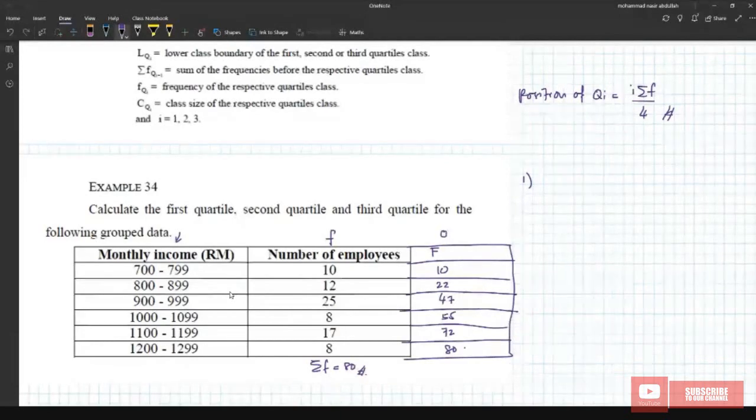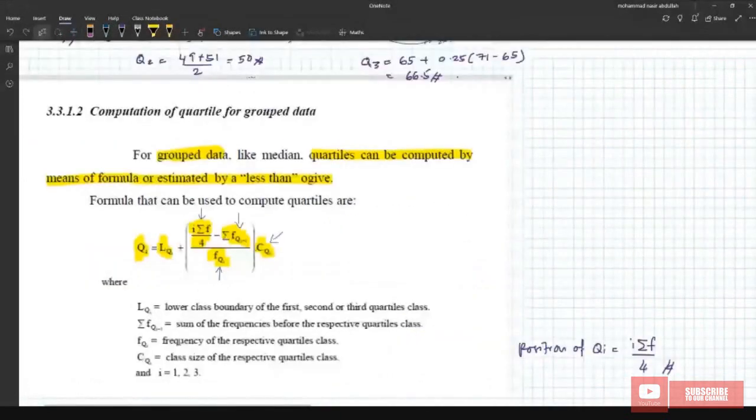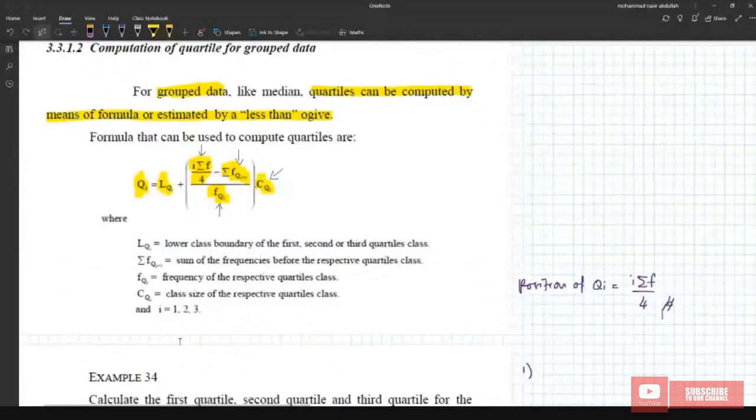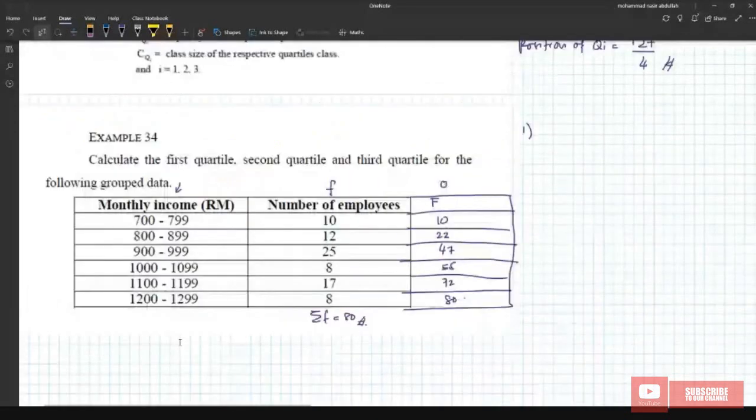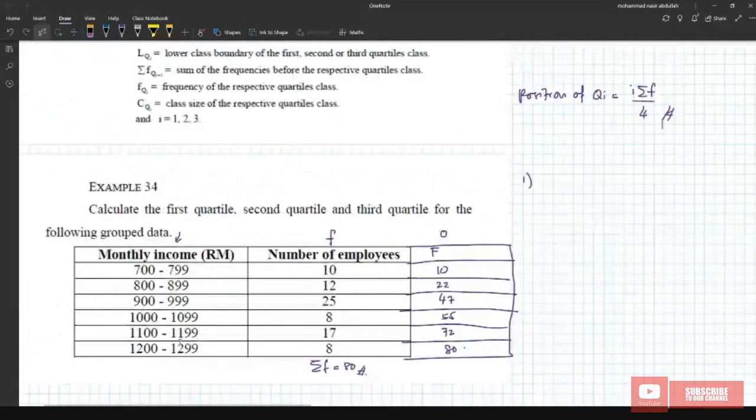Ada mention dekat atas tak? Tak ada kan? Right. So this is how we position the quartile I, where I is equal to 1, 2, or 3, where quartile number 1, quartile number 2, quartile number 3.